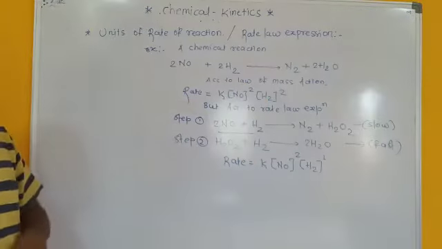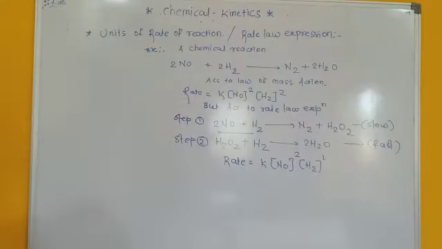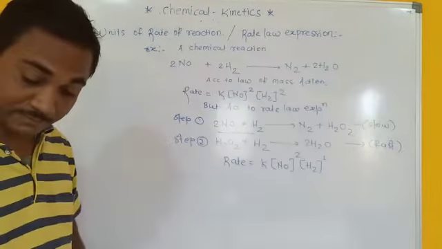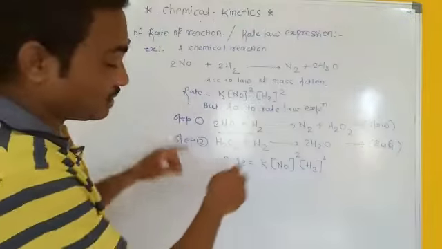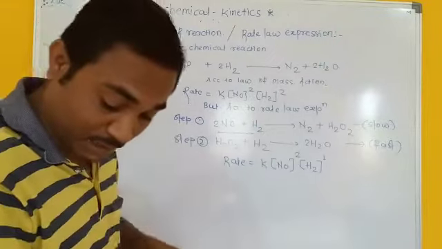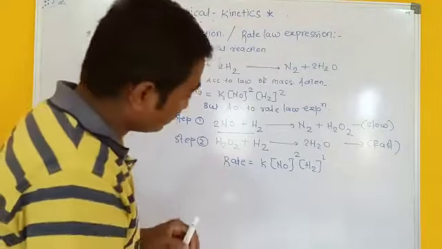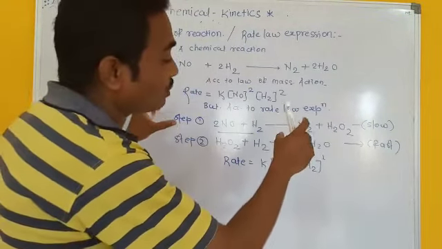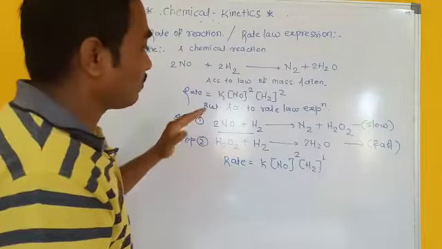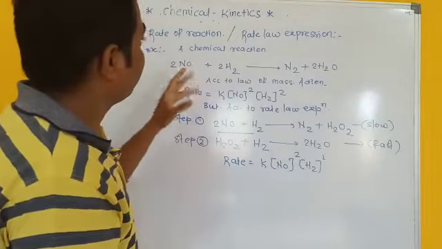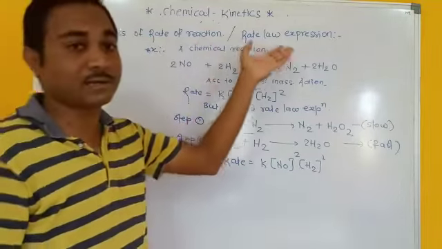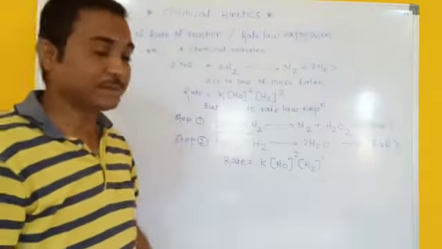From the above example as well as from the rate law expression, we conclude that the rate law expression must be determined experimentally and cannot be written merely by looking at the reaction. That means from here both the concepts, units of rate of reaction as well as rate law expression, are completed.